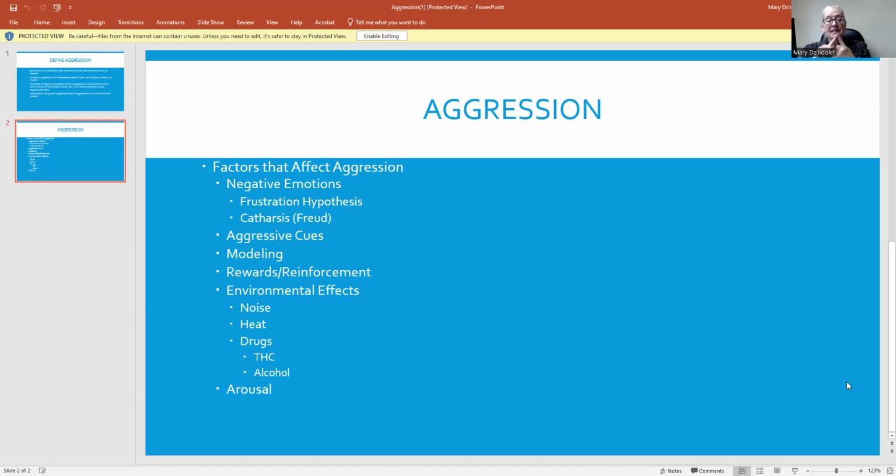If you've got everyone dancing, so their arousal level is high, and there's lots of alcohol, so you've got people with large amounts of alcohol, that's going to increase the likelihood of people acting aggressively. Because everyone's crowded together dancing, it's usually hot. That's going to increase aggression, and it's noisy. You know, the dum, dum, dum. That's going to increase aggression.